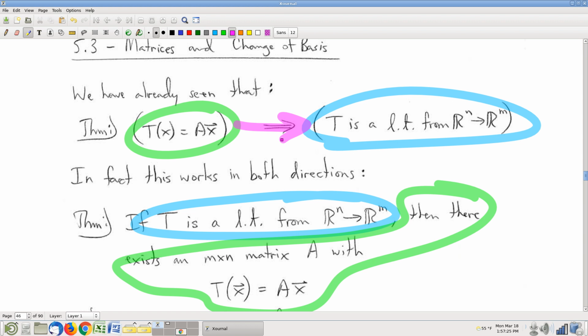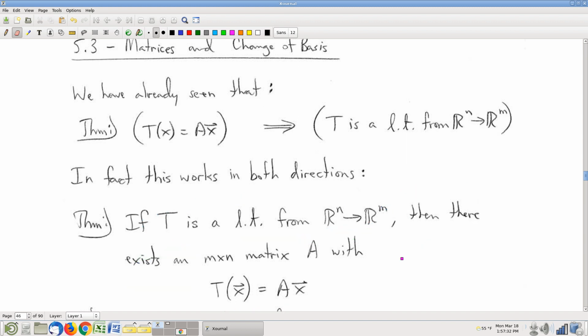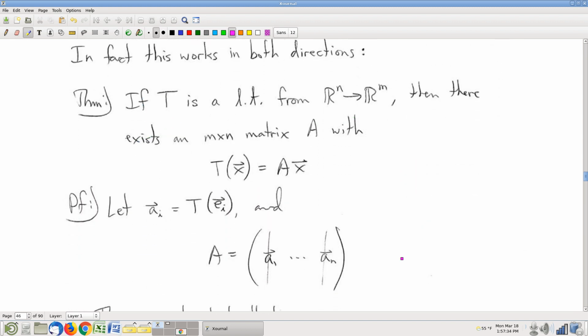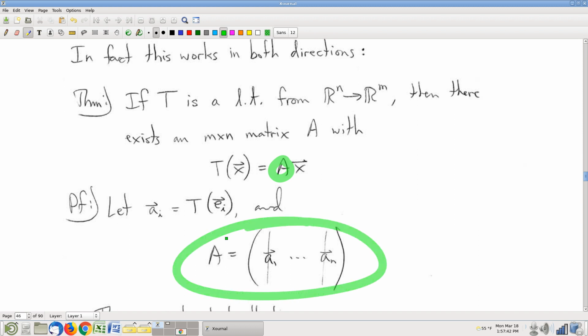So there's a tricky task in front of us. The way we're going to prove that this thing exists is a pretty straightforward method. We're going to prove that it exists by finding it. This matrix A. Here's how I know it exists. There it is, defined by that.